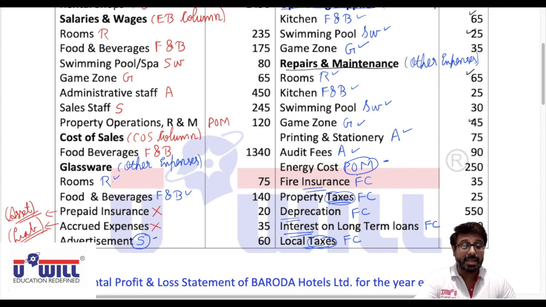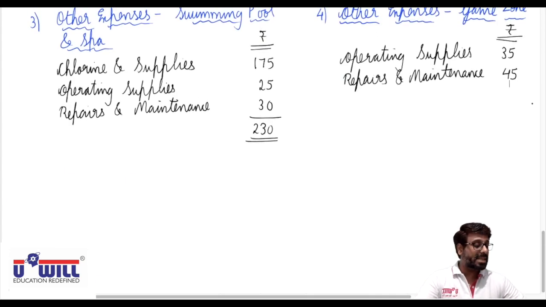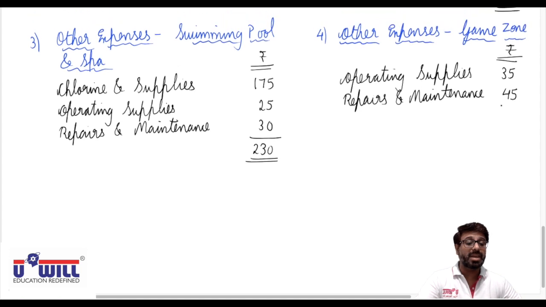Do we have anything else marked as G? No. So total other expenses of game zone are 35 plus 45, 80.